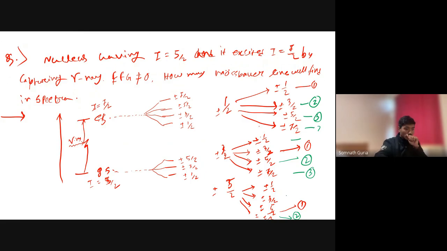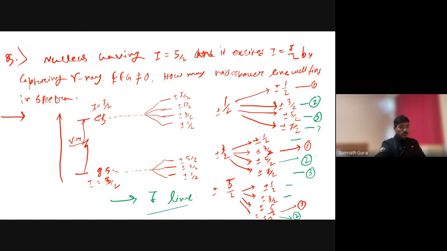Okay, so the rest of the things are different. So we have 1, 2, 3, 4, 5, 6, 7. We'll have 7 lines. In the Mossbauer, we'll get 7 lines.